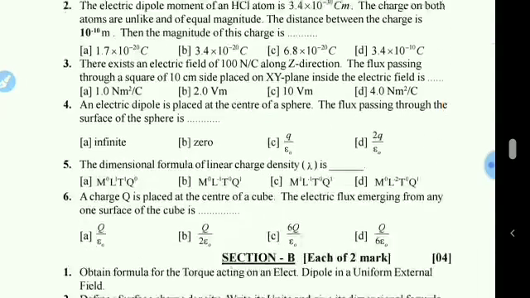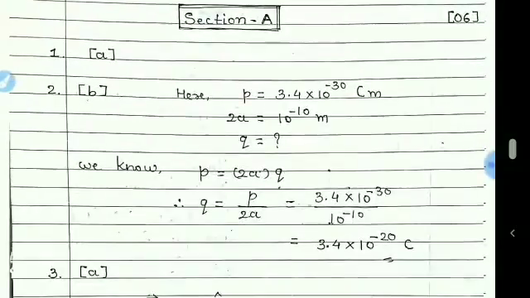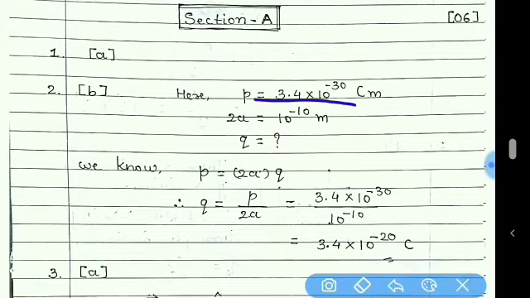So it is very simple. You can see the solution here. The dipole moment is given, so I have written it. The distance between the charges is symbolically represented by 2A, which is also given, and the charge is to be obtained.